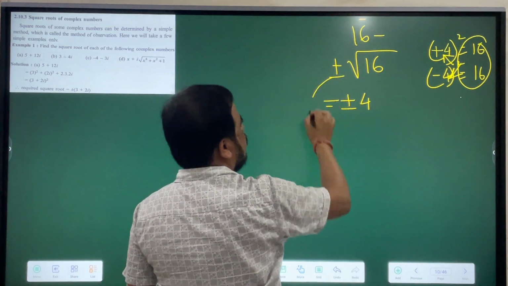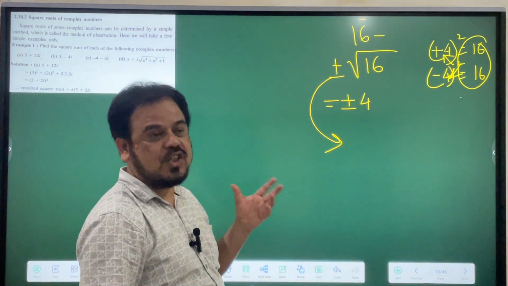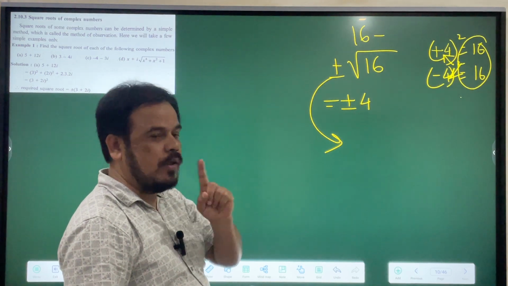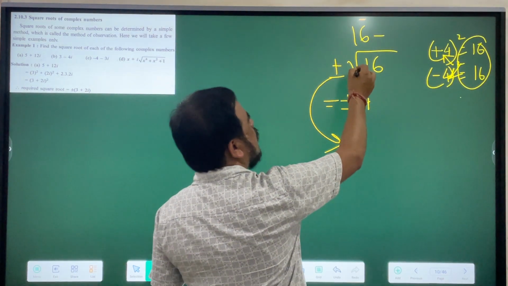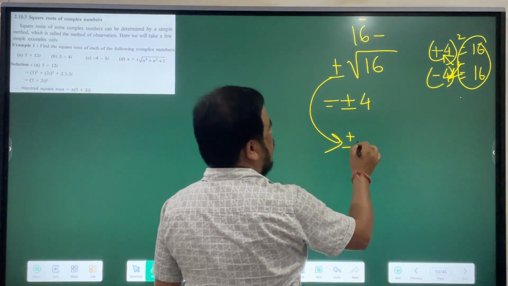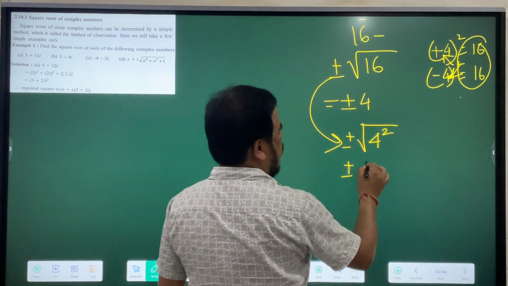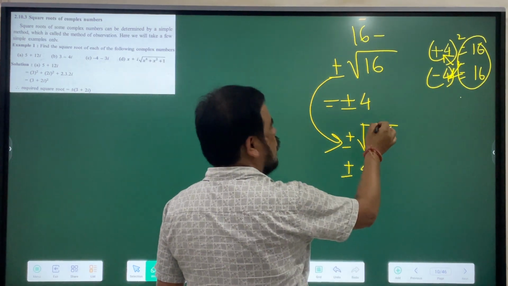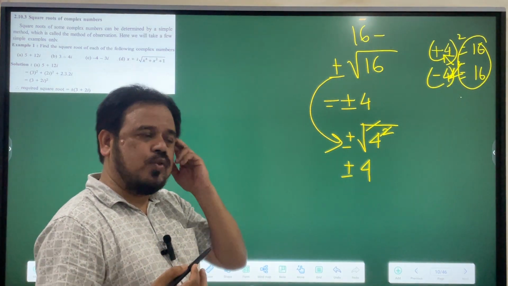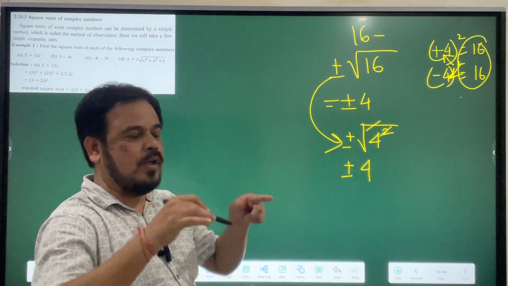So what have we understood? We can find a square root easily when we get a square and the square and root get cancelled. Square root of 16 is asked, so we add plus minus, then write 4 square, so plus minus 4, so that square and root cancel. Whenever a question asks us to find the square root of anything, we will try to find a whole square.